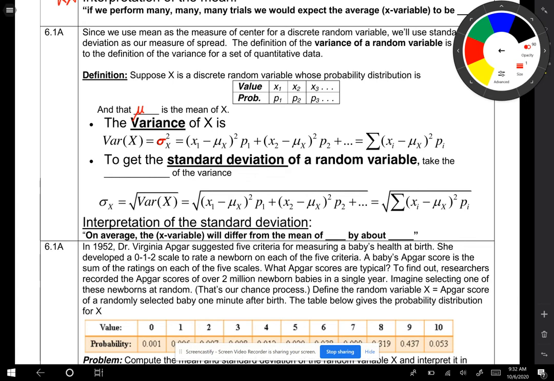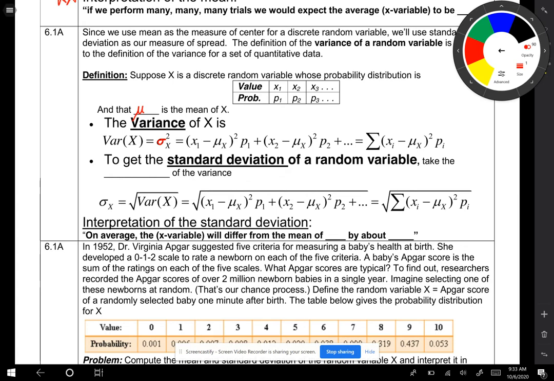The variance is equal to the value minus the mean, minus the expected mean, squared times the probability for that first value. And then you do it again, second value minus the expected mean squared times P2. And then you add all of those up together, and that'll give you the variance.